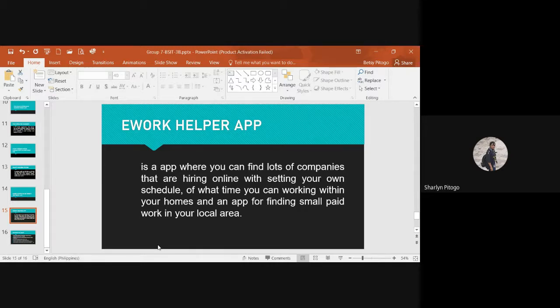It will help the person to find a lot of job openings, especially from big companies to small companies, and even the people who are requesting for help, especially freelancers.